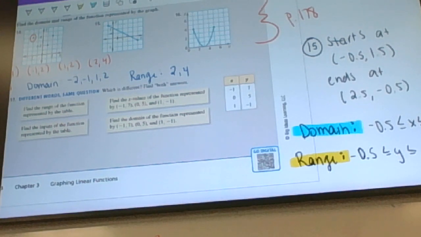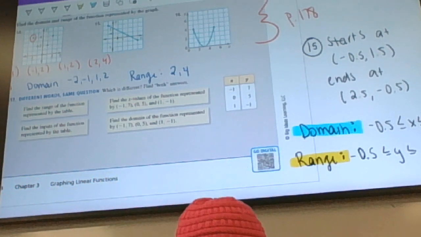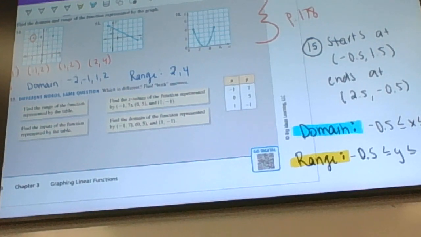Okay, try 16. Okay, 16. The x value starts at 1 and it goes through 5. Do you agree that x goes between 1 and 5?